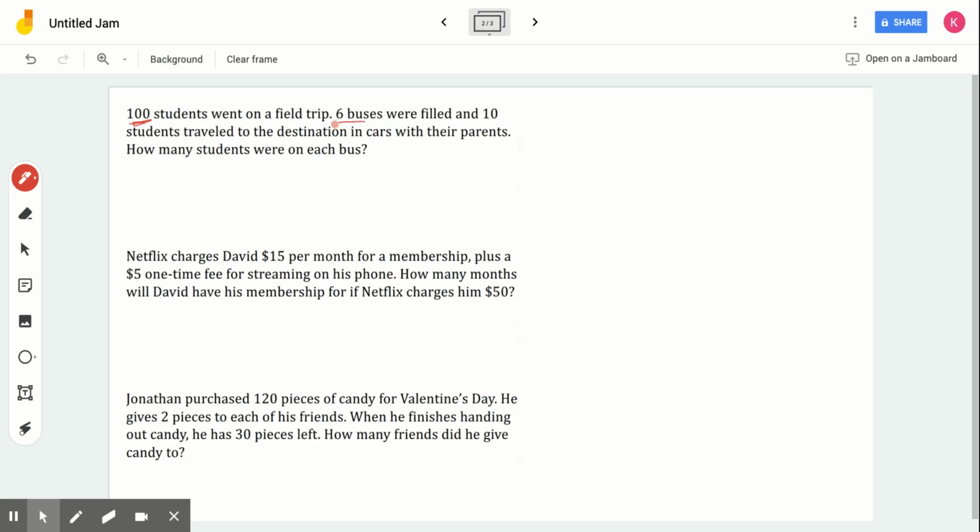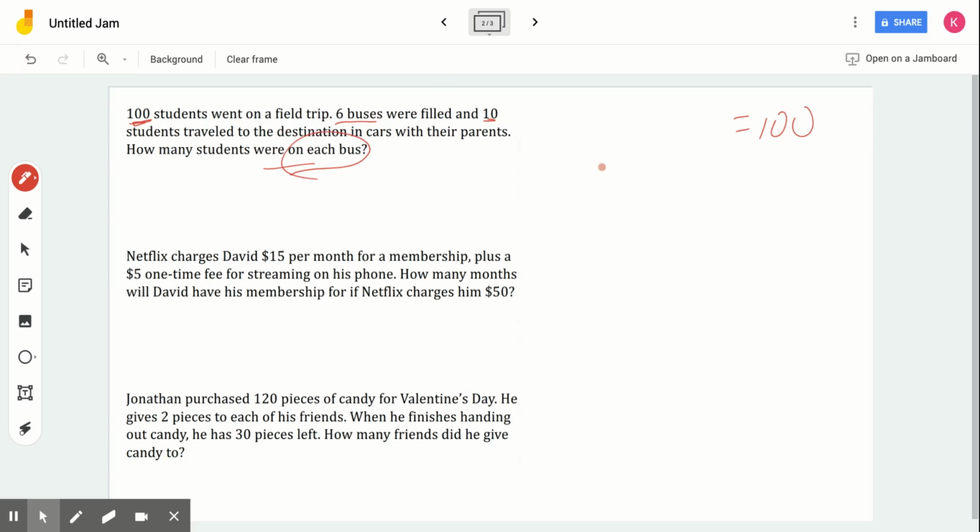Those students are split up into 6 buses and 10 extras. So here we know that if our total is 100, we want to set our equation equal to that. We don't know how many students were on each bus. That's what we're trying to find, how many on each bus.